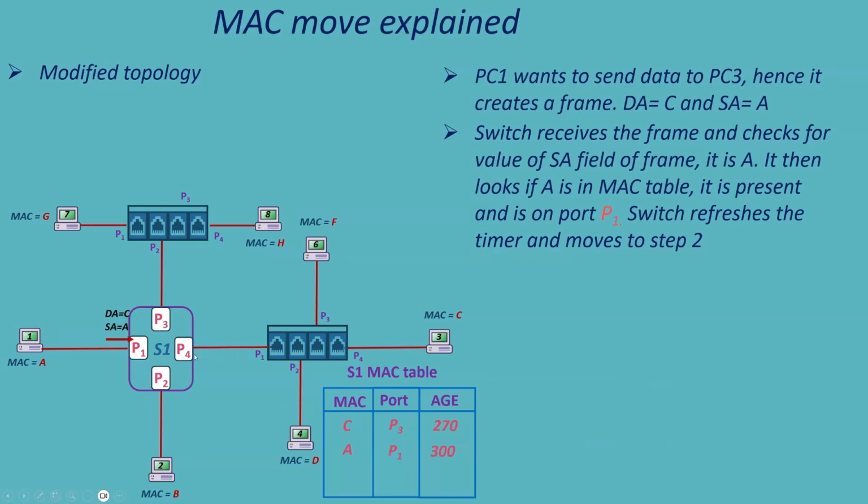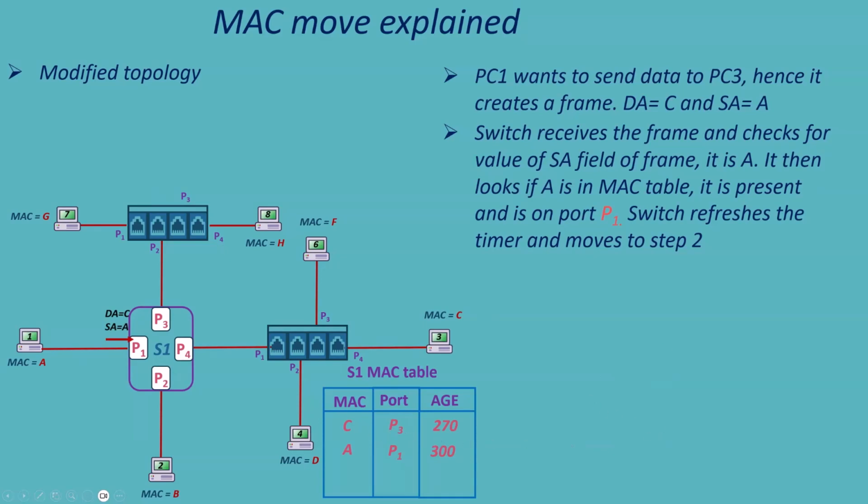So switch S1 doesn't know that PC3 has moved to here. It only knows that it had received a frame from PC3 on port P3, and that's where its awareness is. Anytime a frame comes with destination MAC address C, S1 is going to follow what it knows in its MAC table, in its memory, and that is that C is available on port P3.